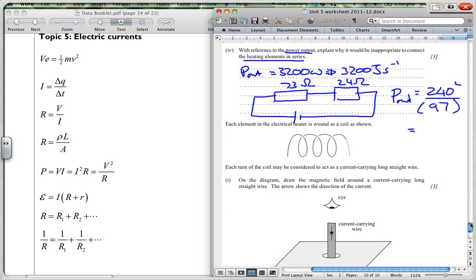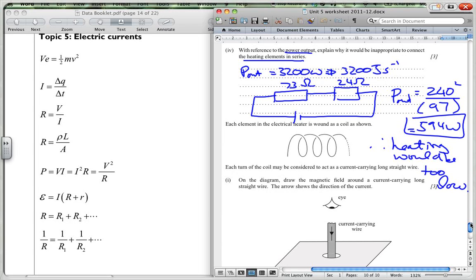So we'd have 240 squared divided by 97, and you'd get 594 watts. So you'd only be converting 594 joules per second. Therefore, you're not going to get much in the way of heating. Heating would be too low. Okay, so if you show some calculations here, you should get the marks for that.